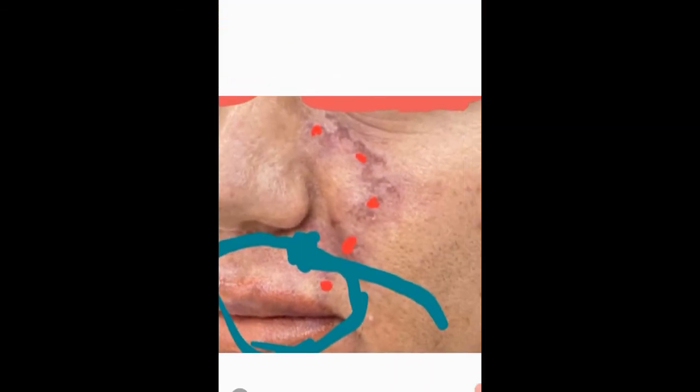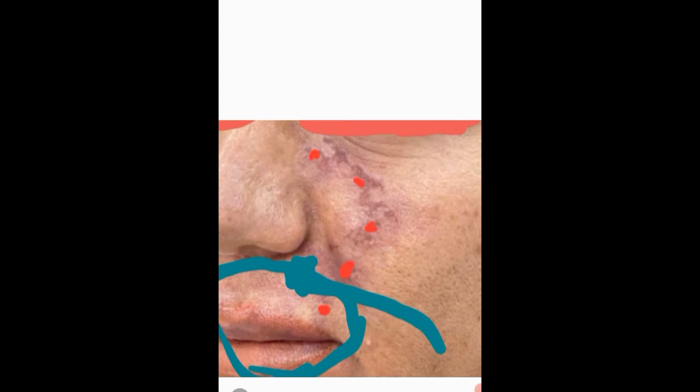But after 2 days, obstructions went upward, and as you see, the inner contours of the eye are showing the facial artery branches that are obstructed.